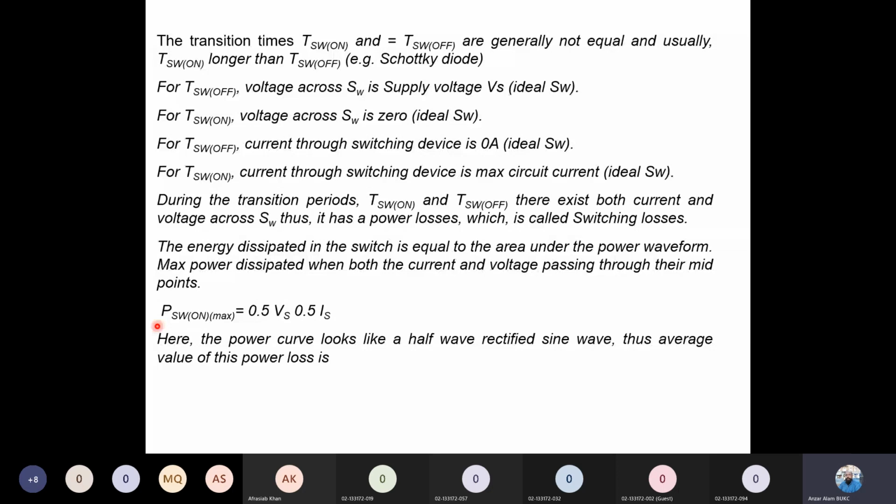It is written here that switching on maximum power loss is equal to 0.5 VS times 0.5 IS.